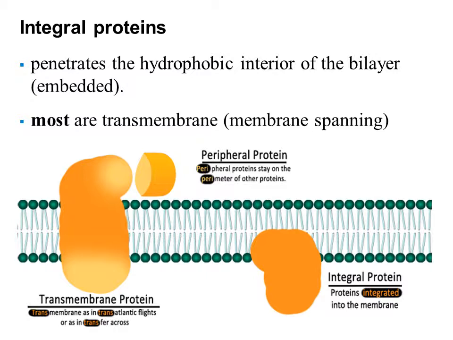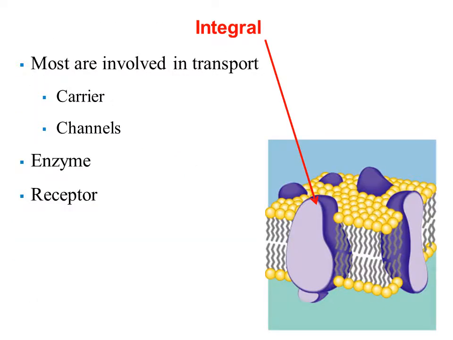The gold blob to the left penetrates the interior and goes all the way out. So it is membrane spanning. We call that a transmembrane integral protein. So both of them are integral proteins. Most integral proteins are involved in transport.